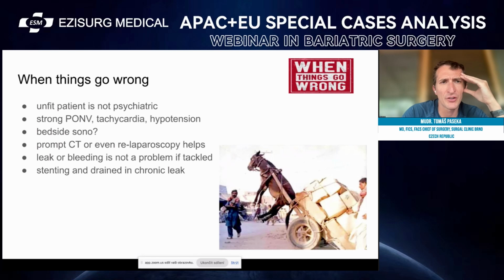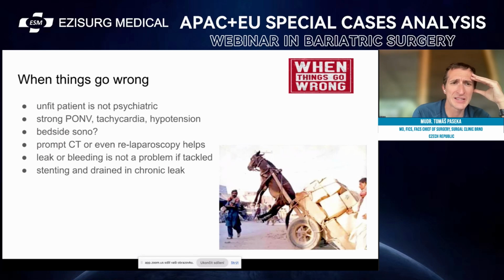So if the patient is unfit, is vomiting, it is not psychiatric. It is usually a problem. Sometimes colleagues who don't do metabolic surgery try to say, oh, this is a fat patient that is pretending a condition. No, if the patient is unfit, especially if the patient is vomiting, has tachycardia, hypotension, then something definitely went wrong.